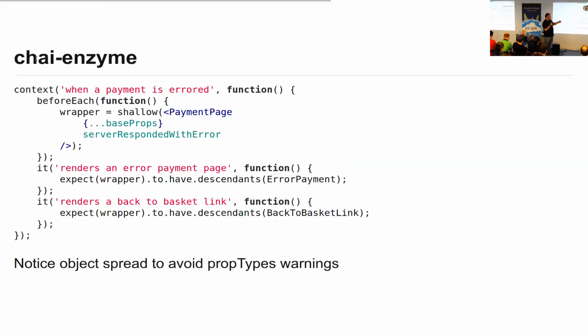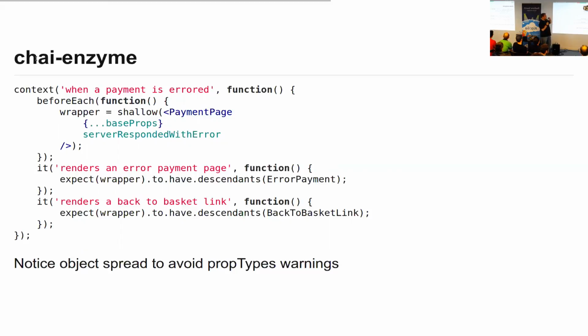So the pattern we use is, at the top of our test file, we have base props or default props. We haven't made it a big convention, but it has the required ones. And then we use object spread, which is not in ES 2015, but we've set up our Babel rule to use that because we find it really useful.